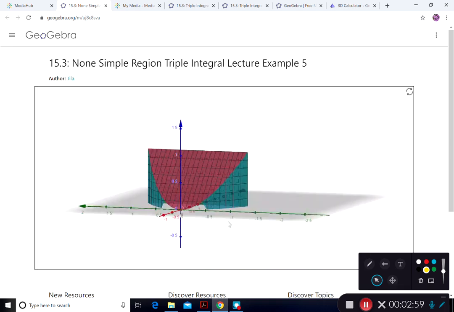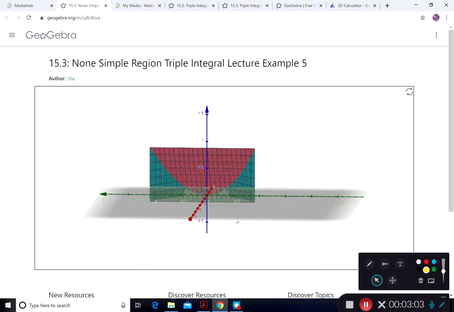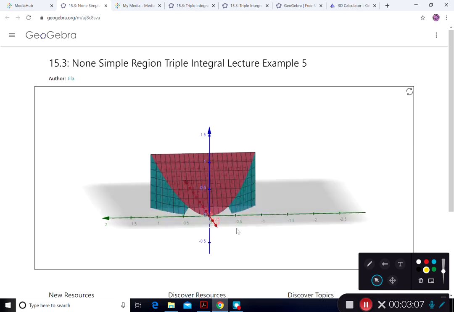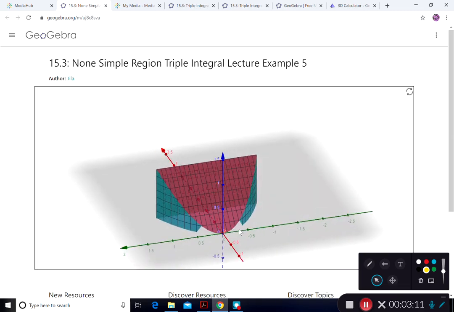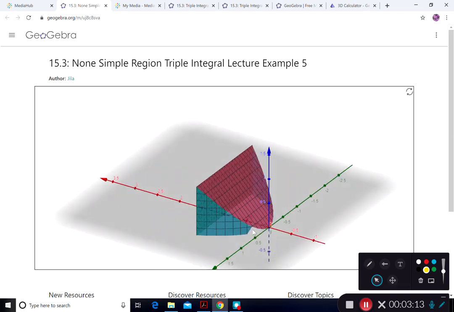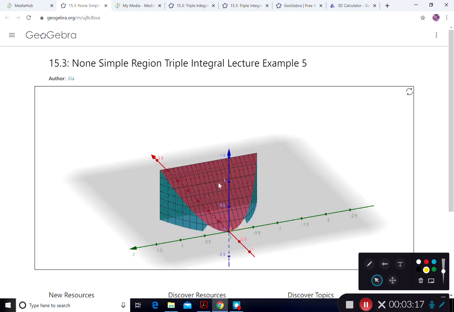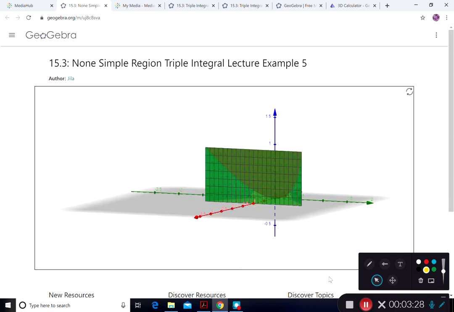If I want to compute, is this going to be a simple solid in the x direction? No, it's not a simple solid, because if I'm going in the x direction, sometimes I'm starting from the blue surface going all the way to green, sometimes I'm starting from the red surface going all the way to green.